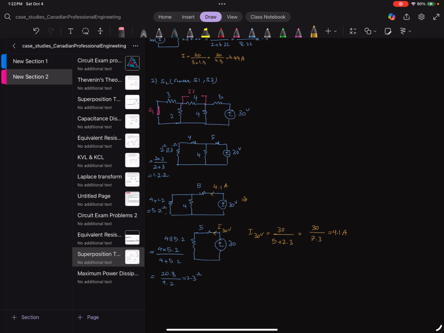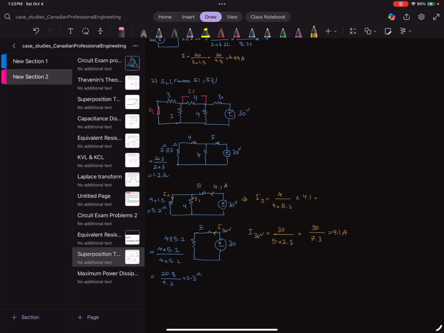So here we have I1, I2. In order to find the 4 ohm current, we need to calculate I2, which is going to be 4 over the summation of the 2 resistances, multiplied by 4.1.